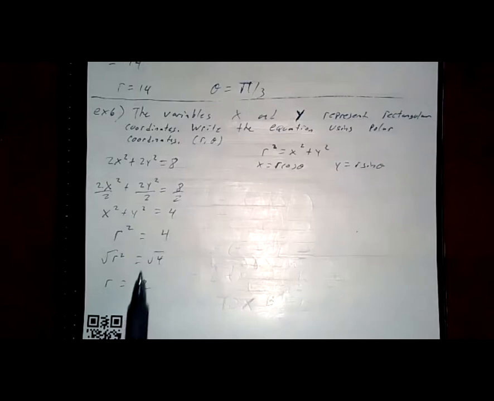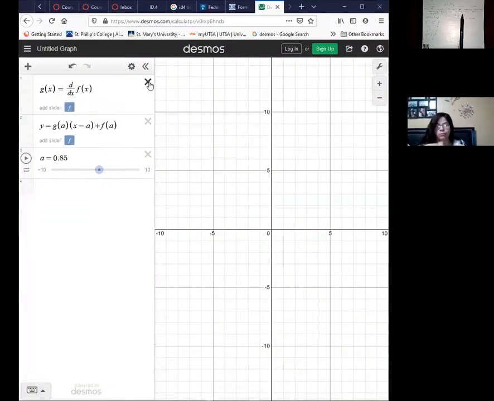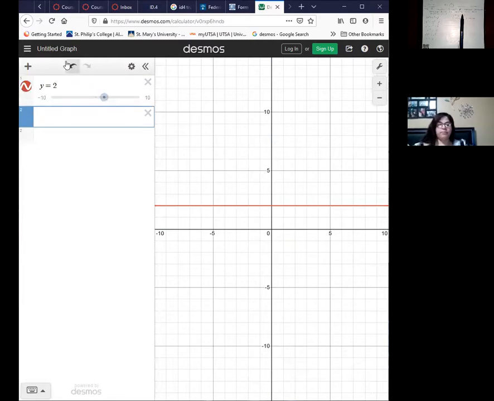Do you remember when we would graph equations of lines? Sometimes there was no x or no y. It would give you a specific kind of graph. Let me give you a picture. So for example, y equal to 2 has no x, so it gives you a horizontal line.